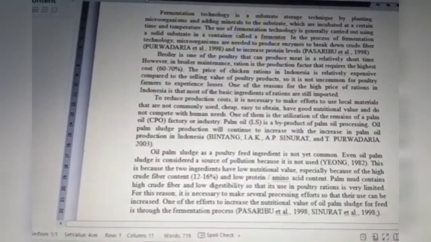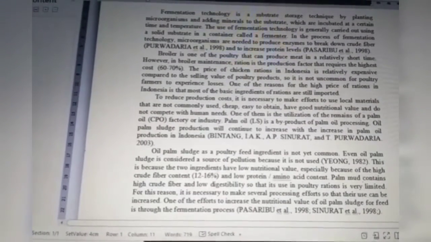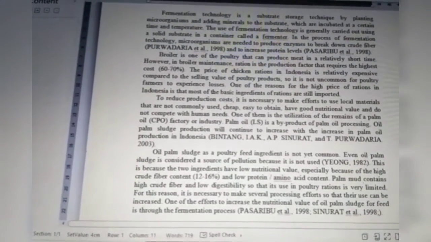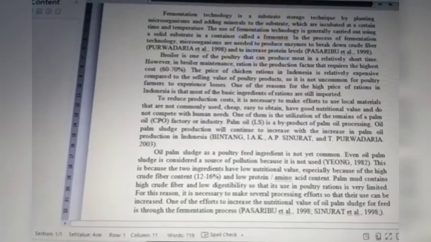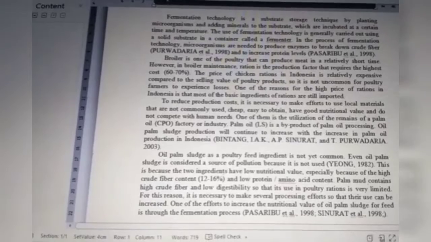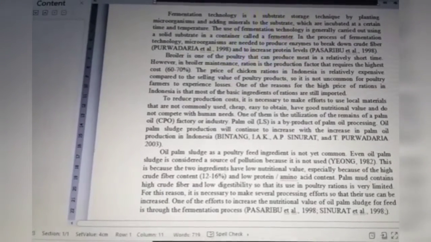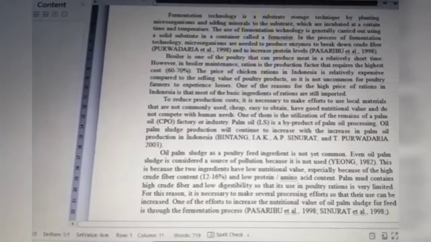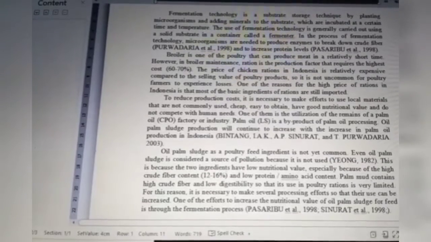Fermentation technology is a substrate storage technique by planting microorganisms and adding minerals to the substrate, which are incubated for a certain time and temperature.